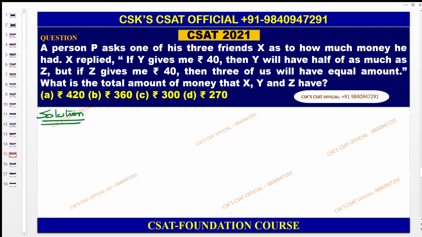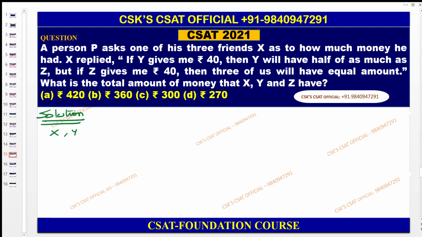X replied, if Y gives me rupees 40, then Y will have half as much as Z. But if Z gives me 40, then the three of us will have an equal amount. What is the total amount of money that X, Y, Z have?